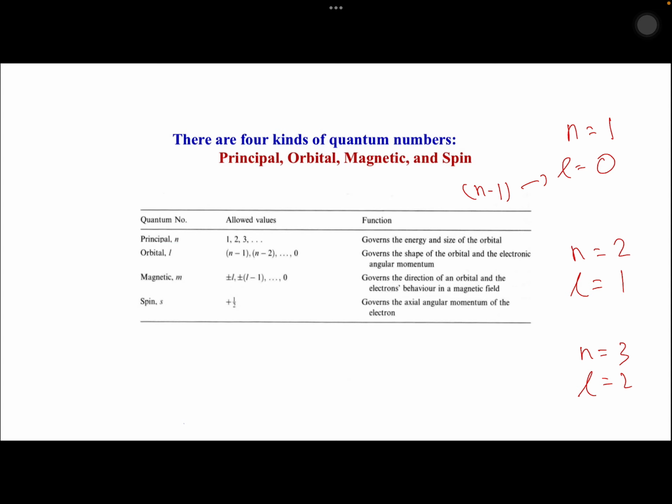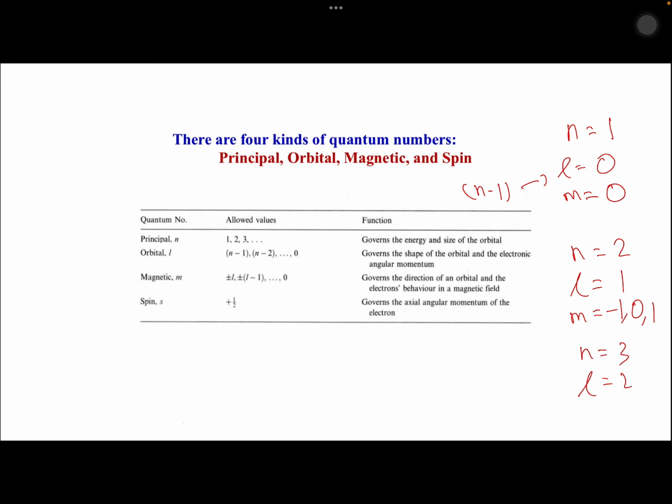Next is magnetic. It governs the direction of the orbital and the electron behavior in a magnetic field. For n equal to 1 and L equal to 0, m is equal to 0. Next, for L equal to 1, m goes from negative 1 to 1, which is negative 1, 0 and 1.